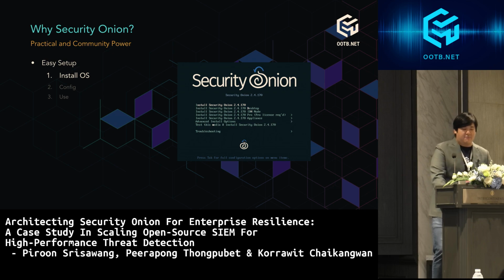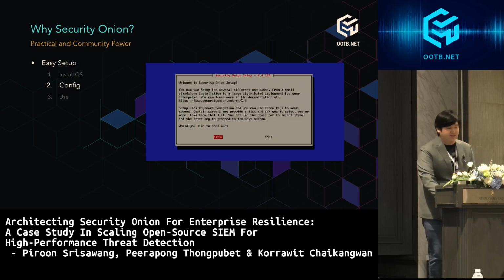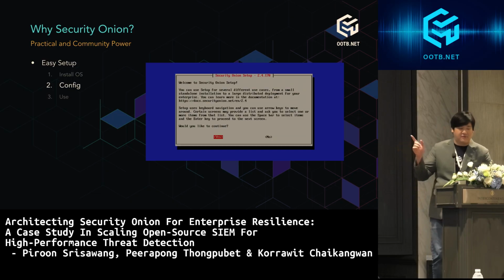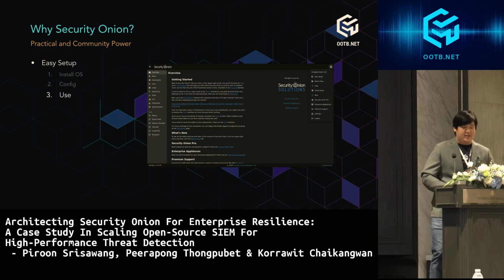The first aspect of being practical is how easy it is to set up. With Security Onion, the process is very straightforward. You start by installing the operating system, then move to configuration, and then you can already start to use the system. I wouldn't say this is necessarily easier than a commercial SIEM. In fact, many commercial tools have simplified installation as well.